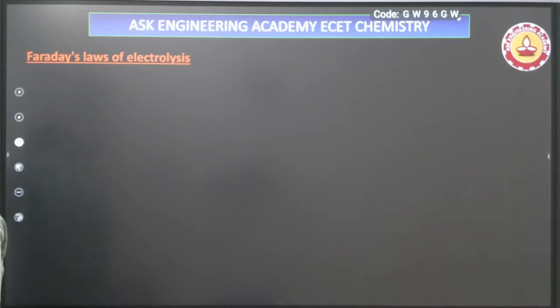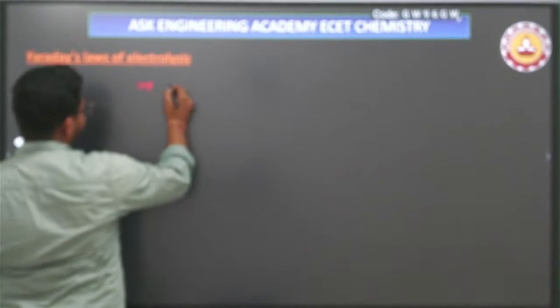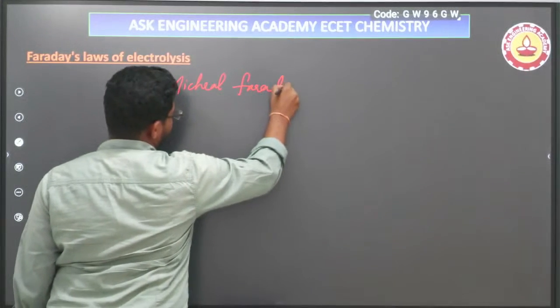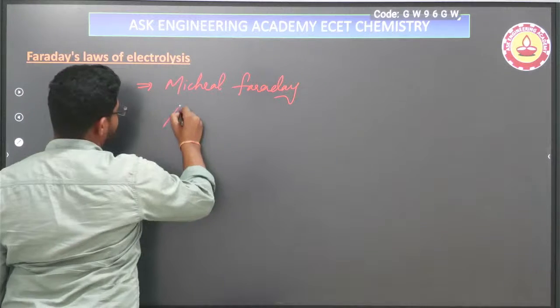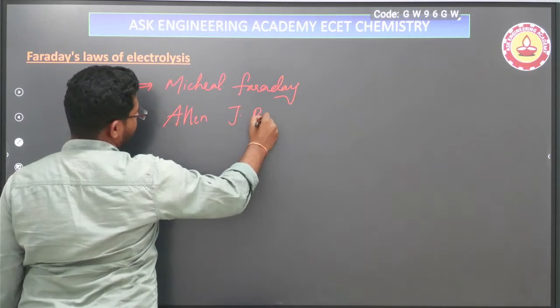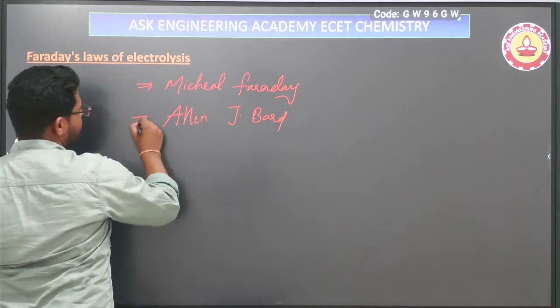Just a minute, I will explain this topic very clearly. So the father of electrochemistry is Michael Faraday and Allen J. Bard.